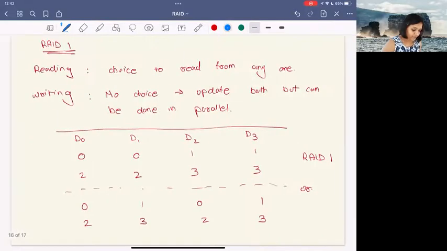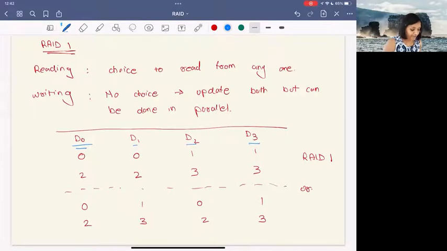So in this example, we can tolerate the failure of disk 0 along with the failure of disk 2, or disk 0 along with the failure of disk 3, or disk 1 along with the failure of disk 2, or disk 1 along with the failure of disk 3.